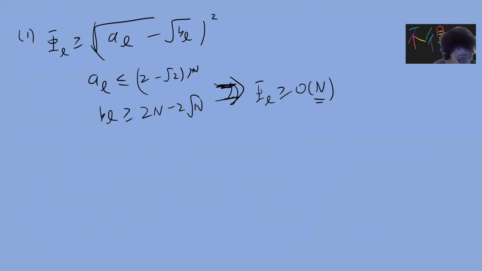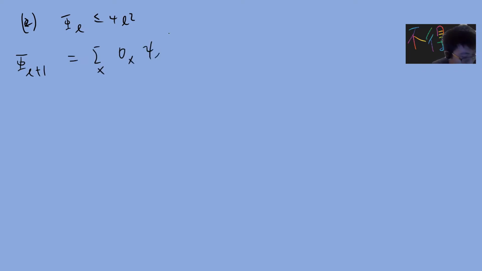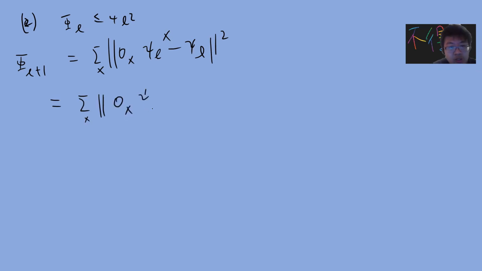Okay, so now let's prove the lemma. Let's prove the second claim, which is that phi L is less or equal to 4L squared. This is done by recursion. So I can write this as the sum over x of OX psi LX minus psi L squared. I can write it as the sum of OX psi LX minus OX psi L plus OX psi L minus psi L, squared.